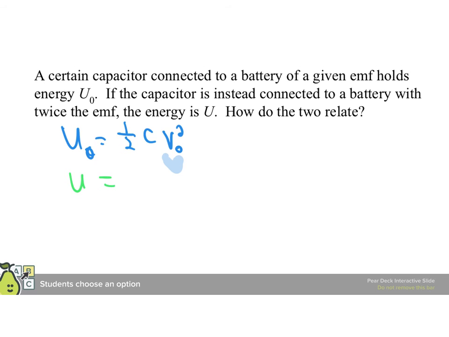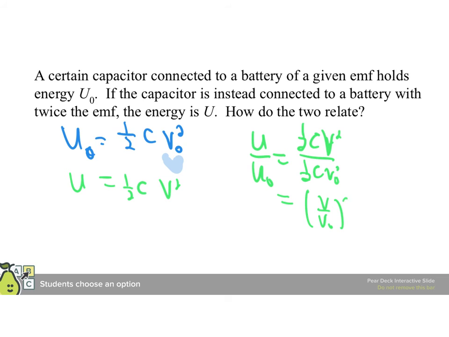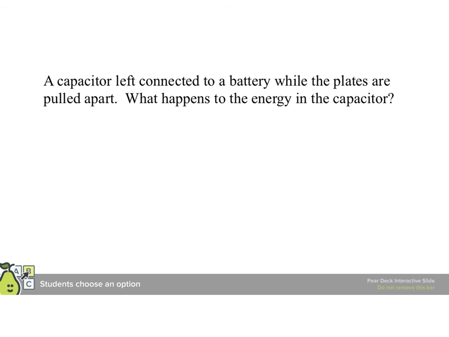U would actually be 1/2 C V squared. So U over U_0 is 1/2 C V squared over 1/2 C V_0 squared. Halves cancel, C cancels, and we get V over V_0 squared, which is 4 to 1. So U is 4 times U_0.